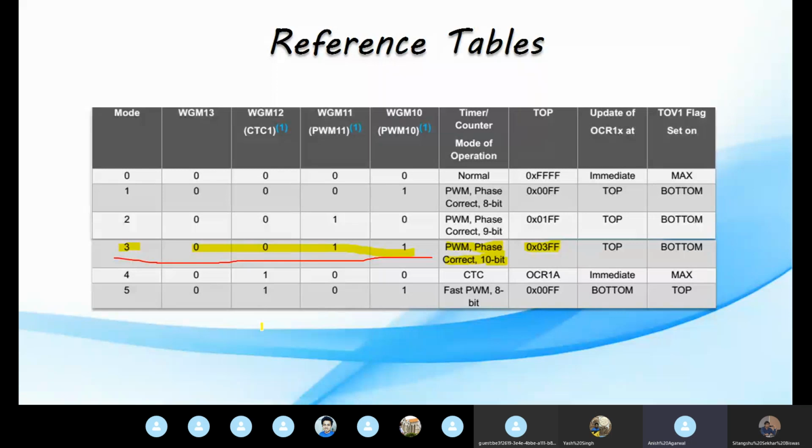All right, so here you see top is written 0x03ff. What is 0x? Whenever we write 0x before a number, the digits succeeding it are written in hexadecimal.